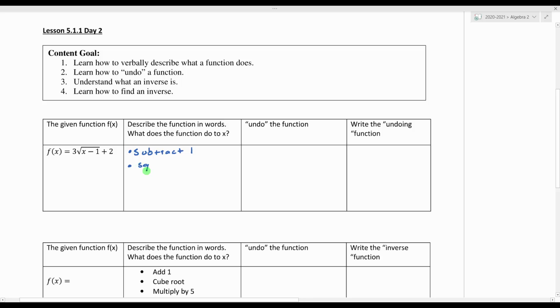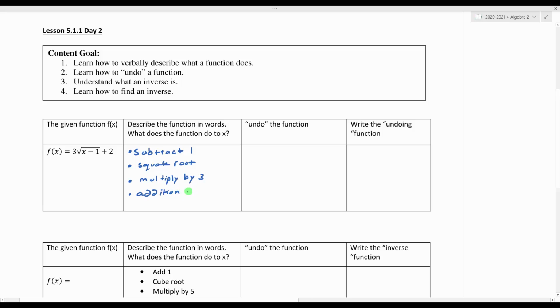So I'm going to write that down. And then after we square root, the next thing we did to the number was we multiplied by 3. So I'm going to say multiply by 3. And then the last thing done was this addition of 2 on the end.